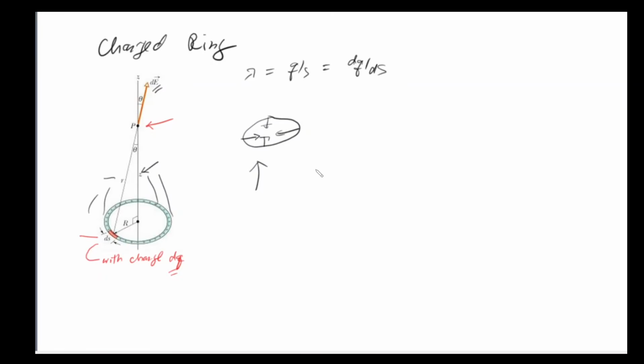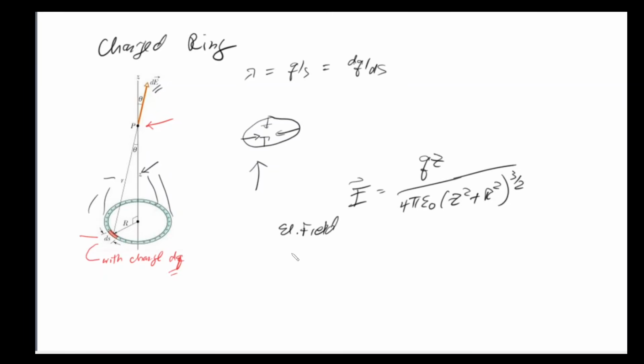So when we do that, we find that the electric field E is equal to Q times Z over 4 pi epsilon 0 times (Z squared plus R squared) to the 3/2. So this is the electric field for a charged ring.